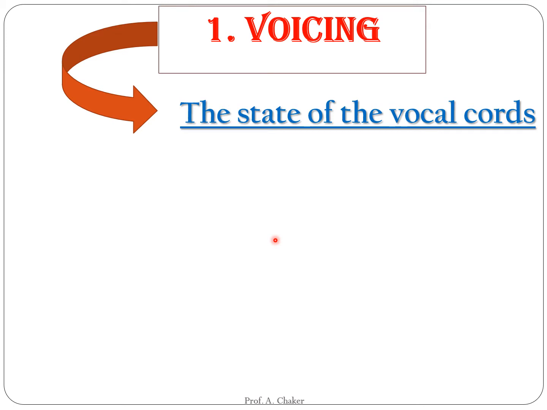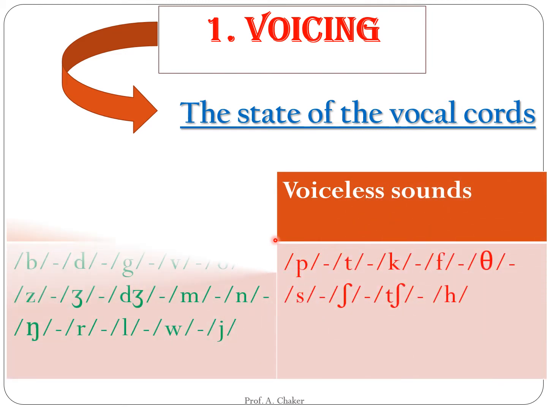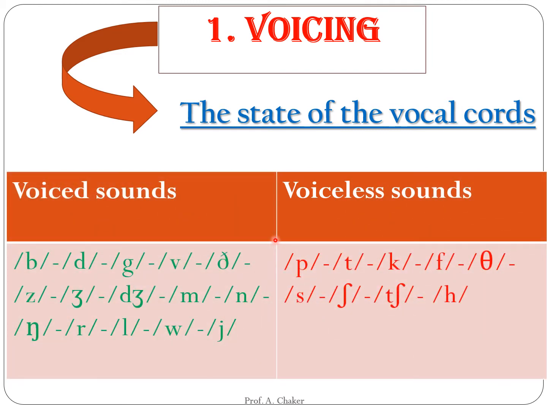If they vibrate, we have what we call voiced sounds. If they don't vibrate, voiceless sounds are produced. We've already talked about this in the previous video. If you need more explanations, go back to it. These are the voiced and voiceless sounds in English.